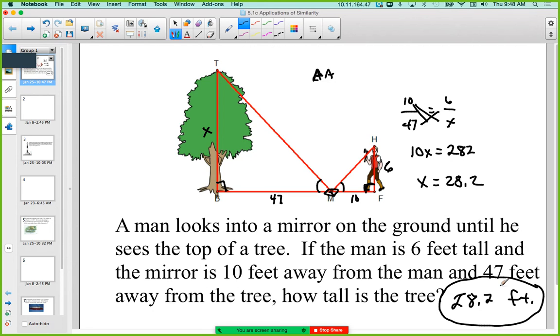Through the measurement of their eyes to the ground and the distance they are from the mirror, we can go back in the classroom and pinpoint where the mirror was on the ground. Using Google Maps, there's a feature that tells you how many feet away things are, so we can figure out how far away the mirror is from the base of the tower. Using those dimensions and what we just did here, we can determine how tall the tower is.